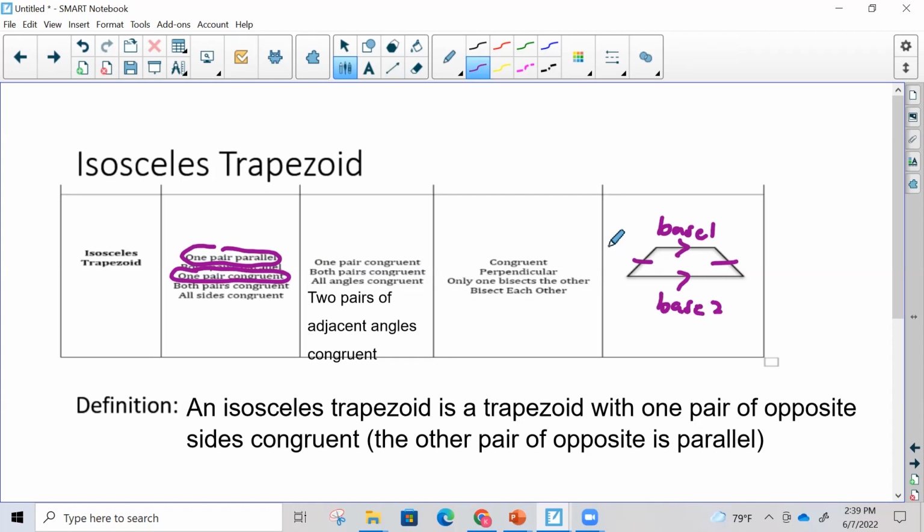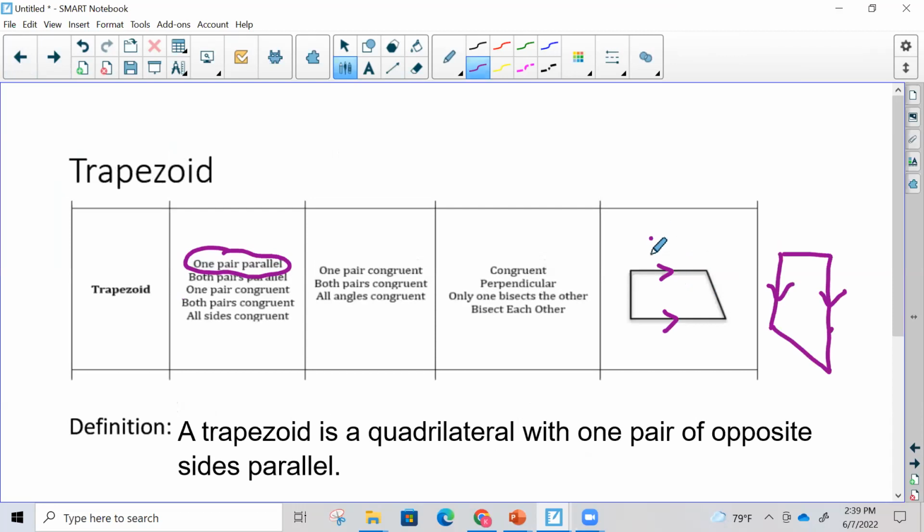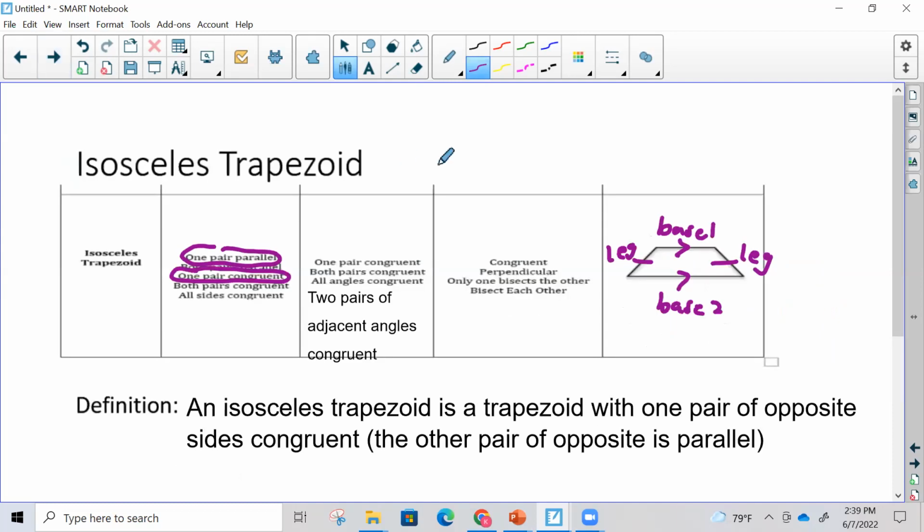And we call the congruent sides legs. And you can do the same thing on this one. This is a base, this is a base, and this is the leg, and this is the leg. And then on this one, the legs would be here, and the bases would be here. But what we talk about is that the base angles are congruent, or it has two pairs of adjacent angles congruent. So the two bottom base angles are congruent, and then these two top base angles are congruent.